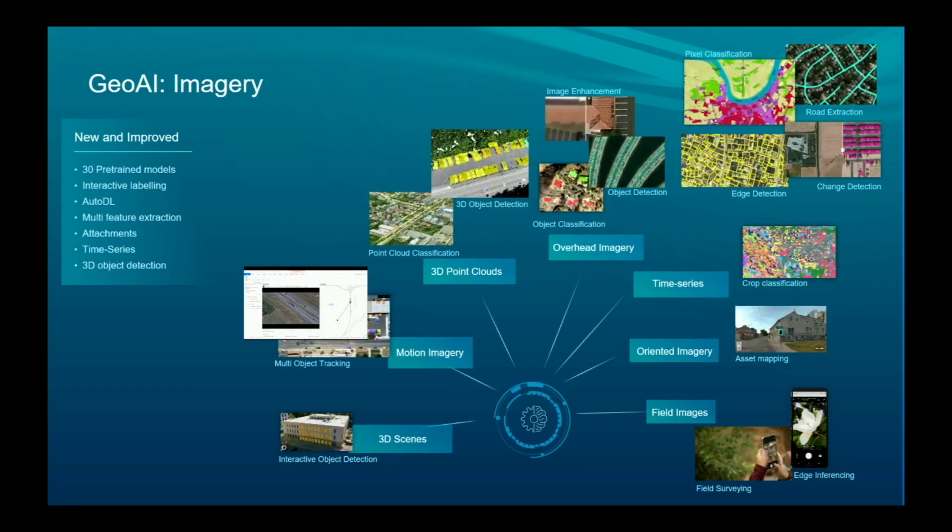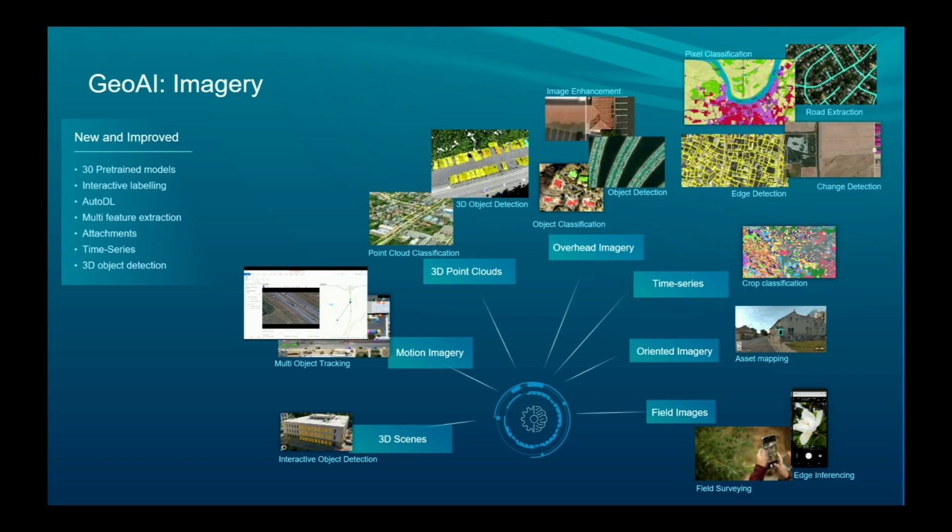Okay, diving into imagery. So like I said, we support all modalities of imagery that is natively supported within ArcGIS, and essentially all of our capabilities like object detection, image enhancement, 3D object detection, object classification, all of these different tasks can be run on these different data modalities. So for instance, I can do object detection on street view images.